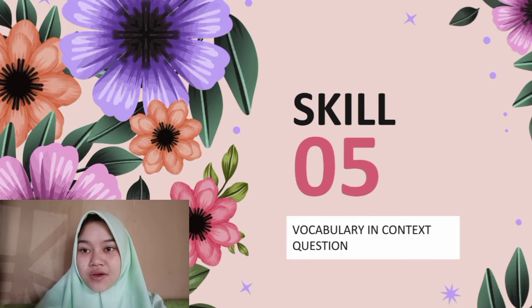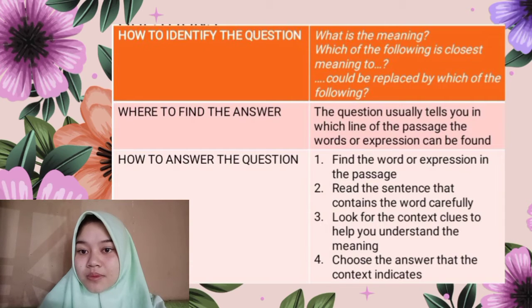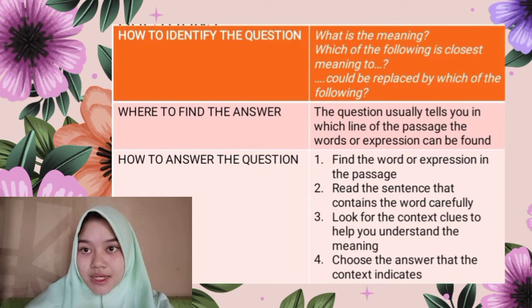Okay, let's now move on to skill 5. This is about how to answer questions about vocabulary in context. You can see the meaning of a word by looking at the sentence before the word and after it. If you find related questions such as: what is the meaning?